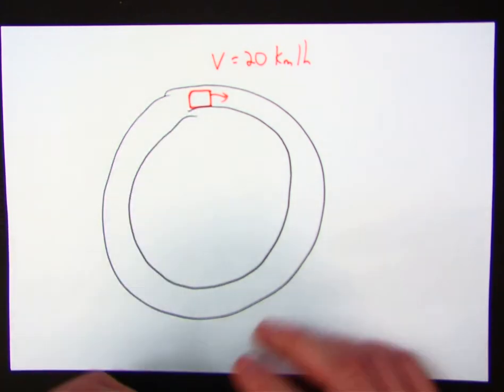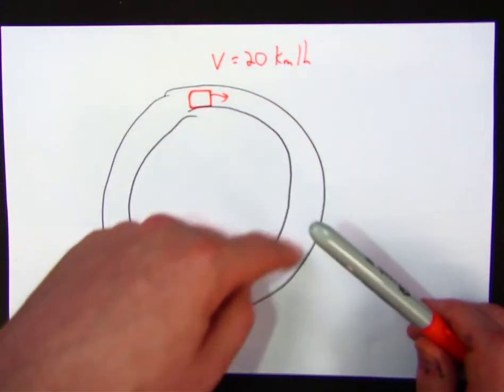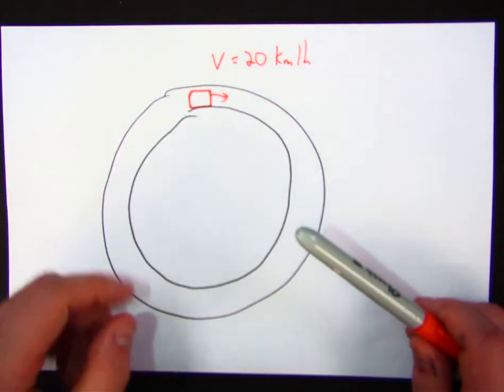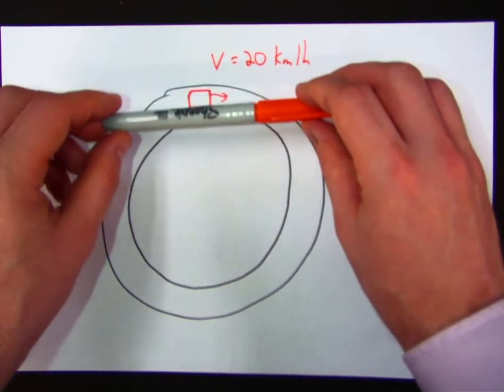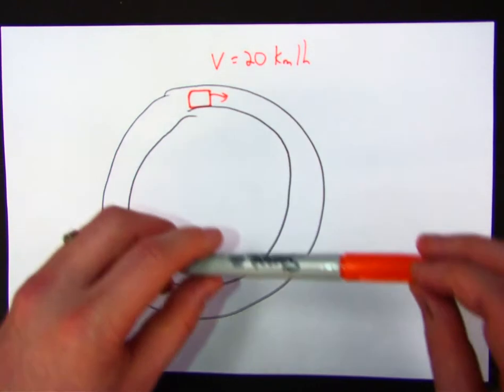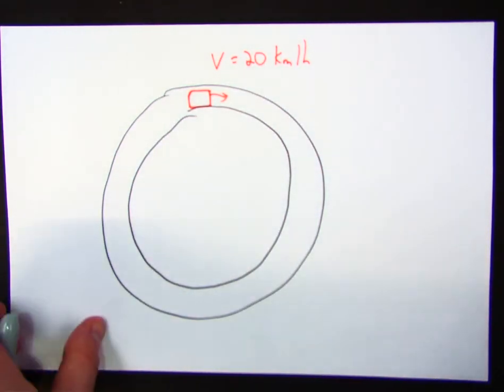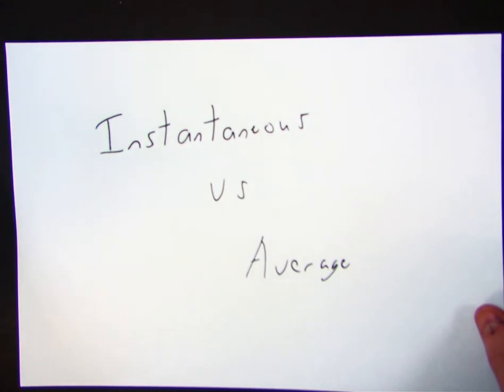That being said, the fact that it is changing velocity means something else, and we'll get to that in just a moment. The average velocity is something a little bit different, and this gets into one other thing about instantaneous versus average and what they mean.